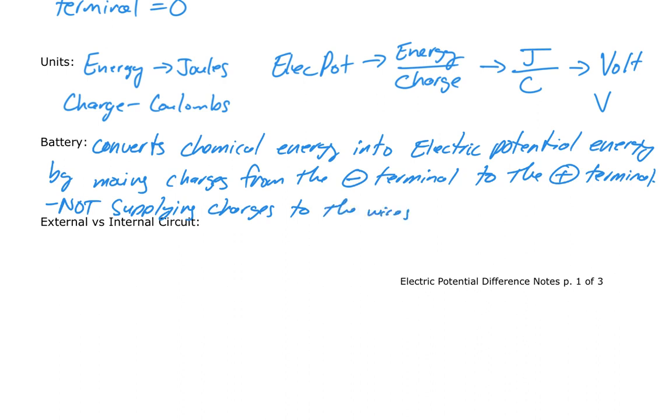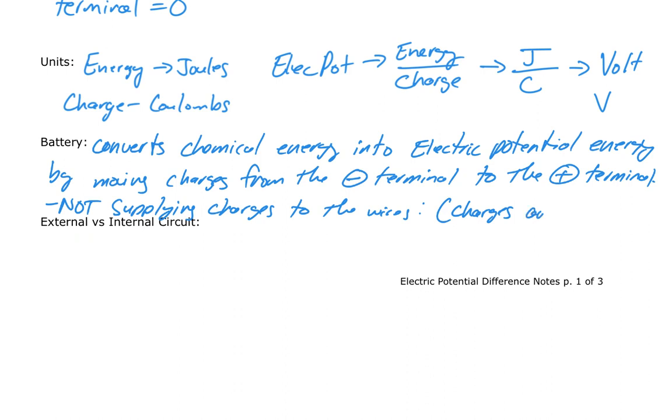It's simply taking the charges that are at the negative terminal of the battery, where they want to be. They want to be at the spot of lowest electric potential energy. And it moves those charges, and remember those charges are positive, and we'll talk about why that is, because it kind of shouldn't make sense if you paid attention in our electrostatics unit.